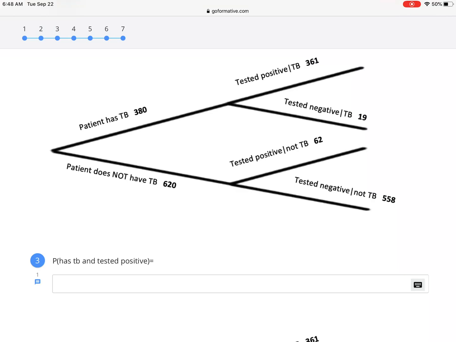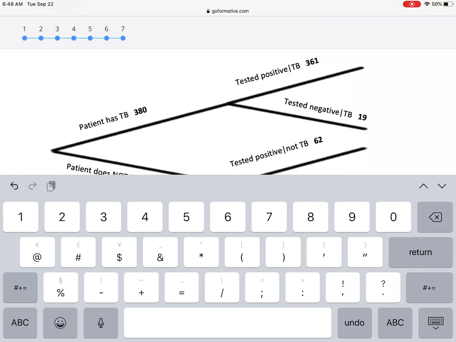So that is 361 people have TB and tested positive, out of 1,000 people. So this chart tells us that there's 361 people that have TB and tested positive. So that is 361 out of 1,000.